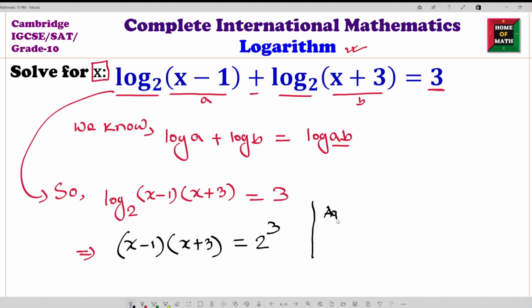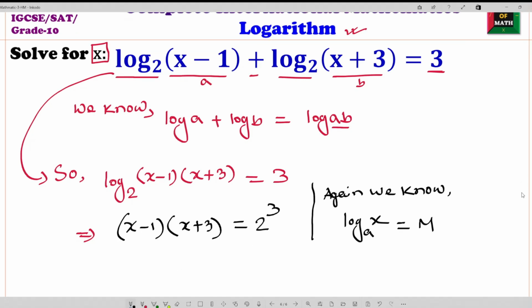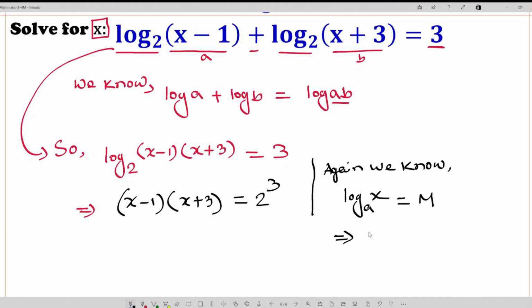Again, we know, suppose log base a of m equals x, or we can say x equals m. In this case we can write x equals, the base will be the same base and m will be the power.